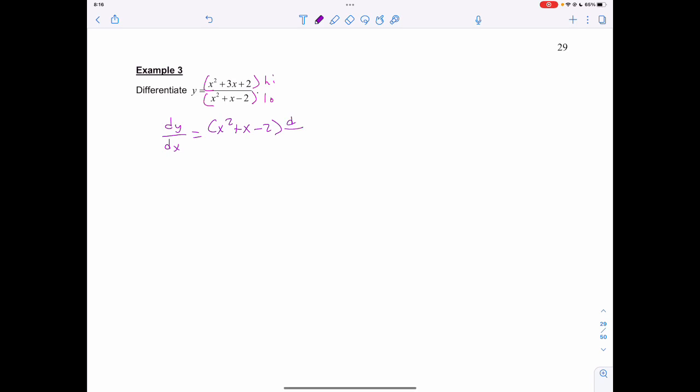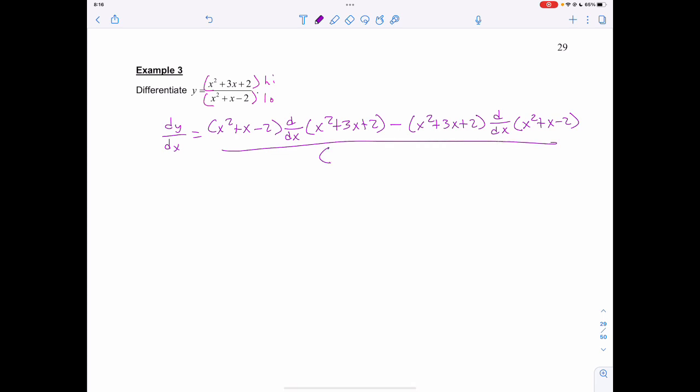times d over dx of the high, x squared plus 3x plus 2, minus the high, x squared plus 3x plus 2, and d over dx of the low, x squared plus x minus 2. And that is all over x squared plus x minus 2 squared.